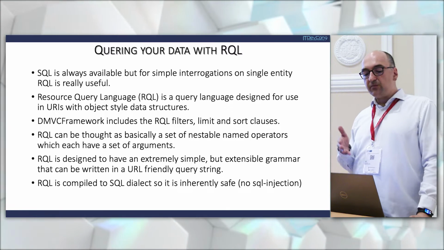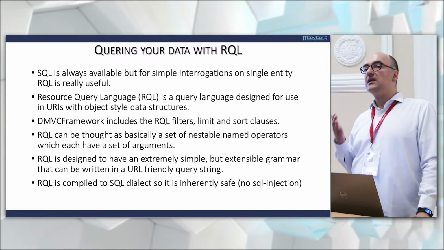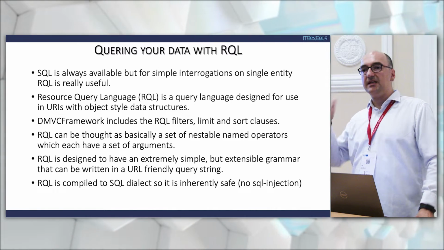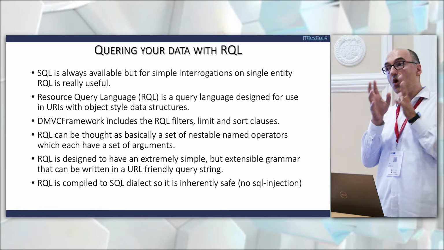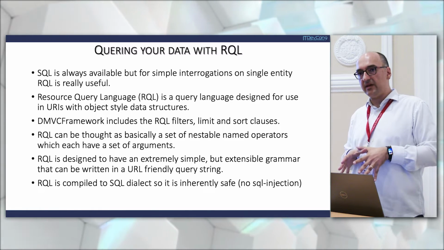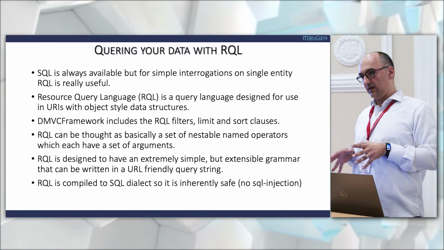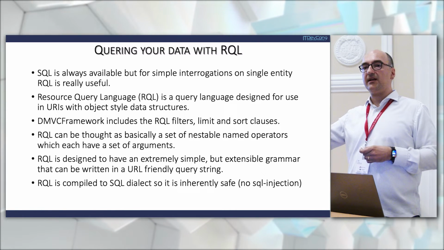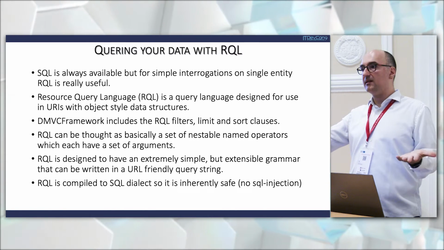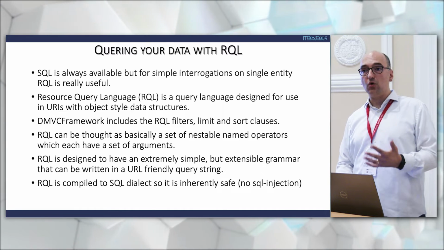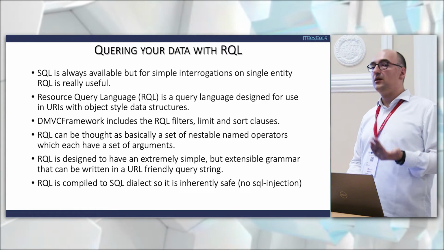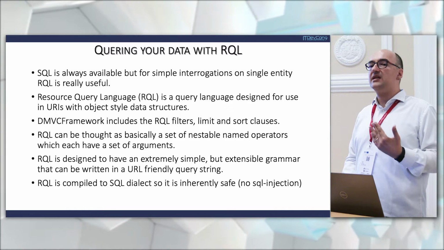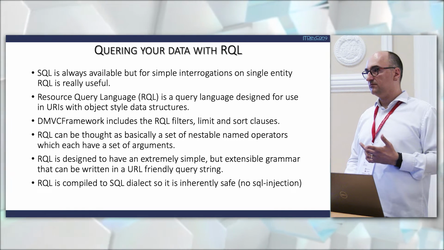Also, RQL, as implemented in the MVC framework, has its own compiler, which is a transpiler. It takes the RQL and, knowing the type of database where the object is currently connected, can translate it to the correct SQL for that database. So there is no possibility of SQL injection. This is the reason why you can put it safely on the URL.